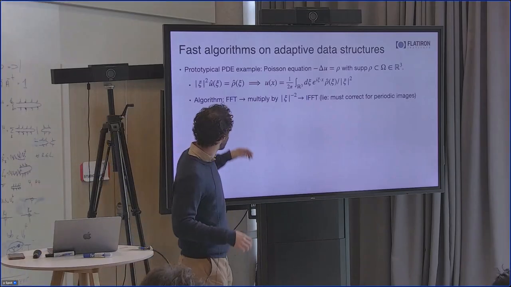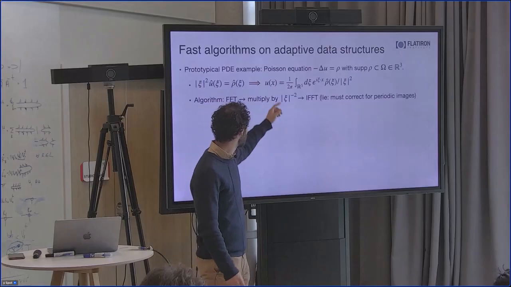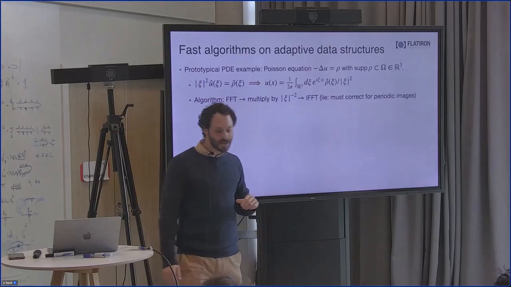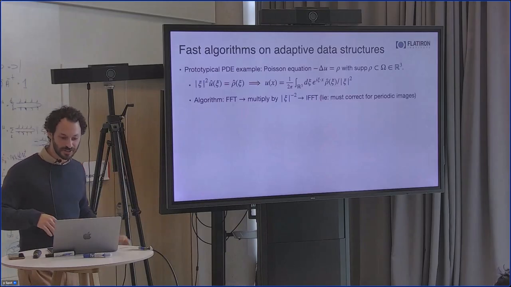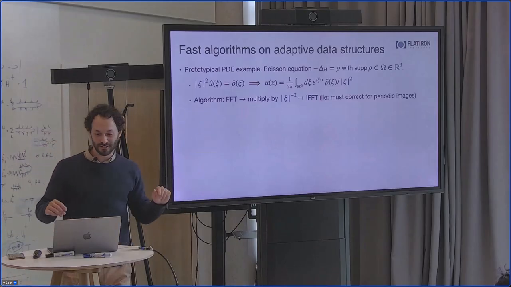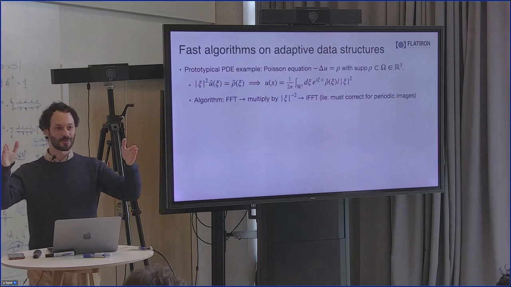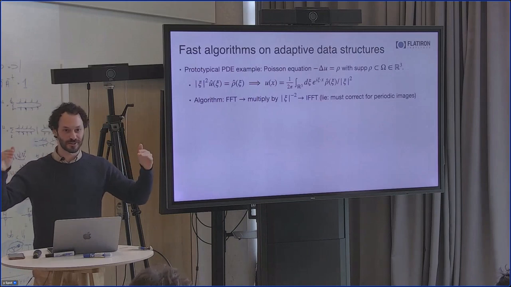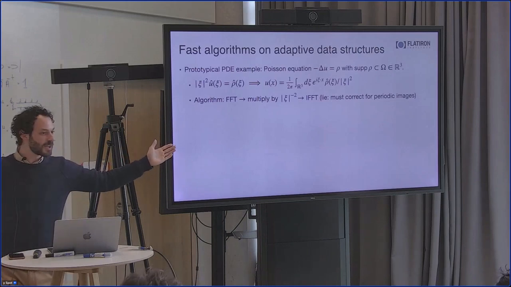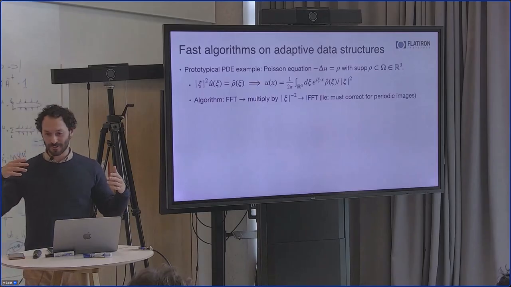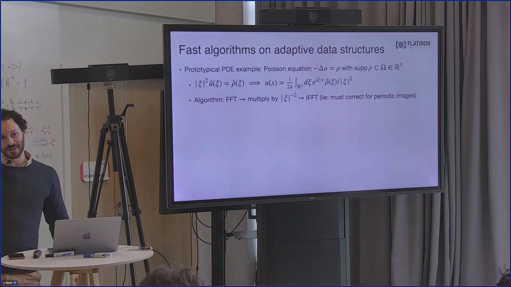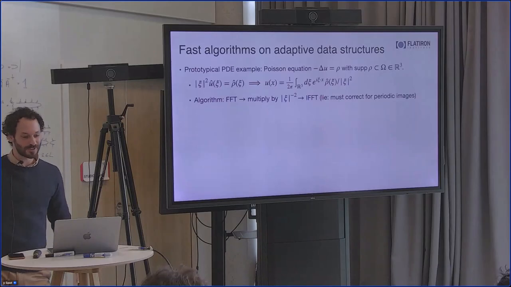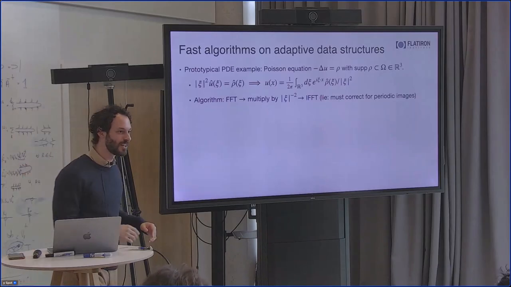I'll take a fast Fourier transform, an FFT, multiply by the symbol, and take an inverse FFT. There's a bit of a lie here, which is that if you just go and do this, the FFT sort of implies periodic boundary conditions. So you'll get all of these periodic images. And even if you zero pad a lot, the images decay very slowly because it's a Coulomb interaction, and don't do this.